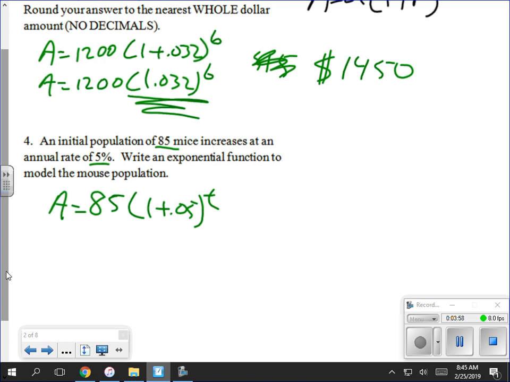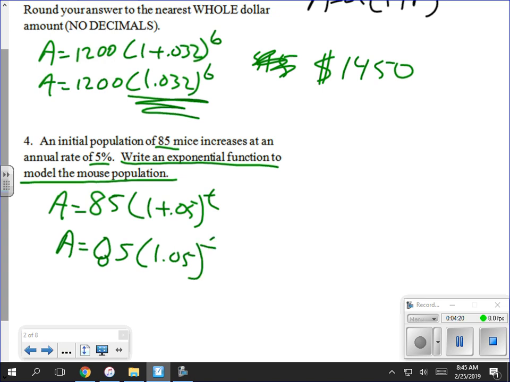It doesn't give me the time, doesn't give me the final amount. I have 2 variables, 1 equation. I can't actually solve this. But it doesn't ask me to. It says to write an exponential function that models it. So the only thing I'm going to do is simplify it as best I can. And that's the best I can do.